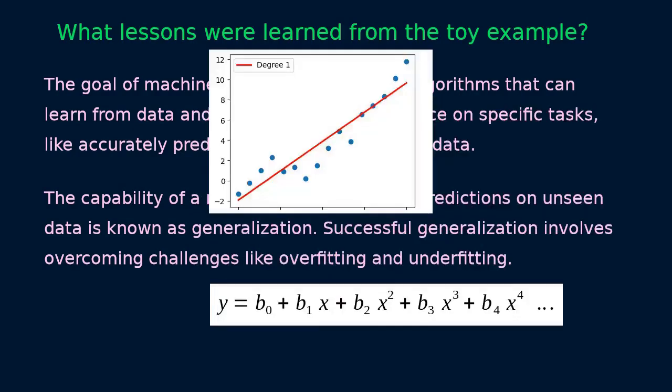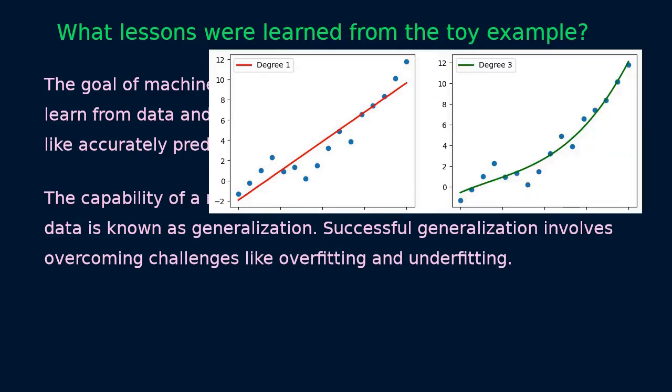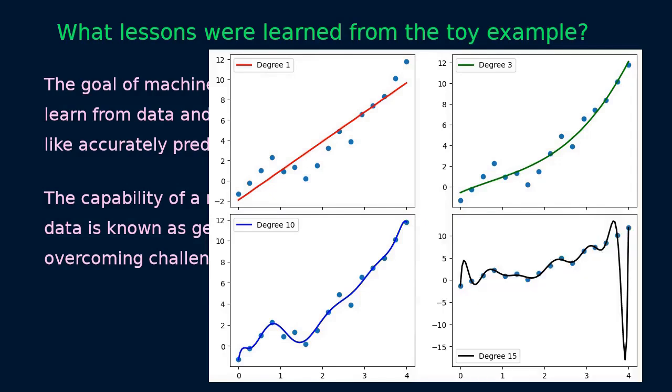Consider a set of scattered points that we aim to fit using polynomial functions. A linear fit corresponds to a polynomial of degree 1. A 3-degree polynomial fit typically yields better results than a linear fit. However, increasing the polynomial degree to 10 or 15 may lead to a better fit visually, but it may not capture the underlying trends represented by the points.